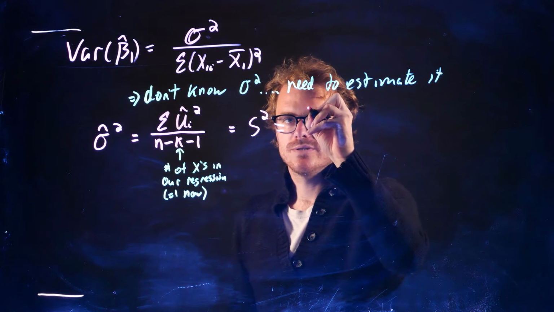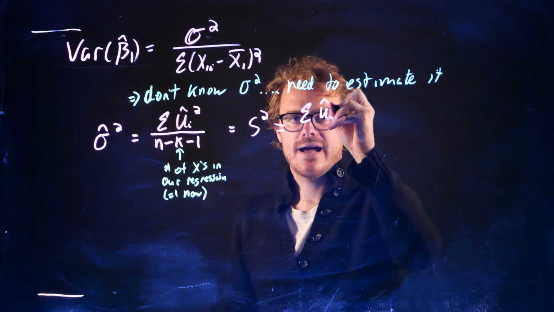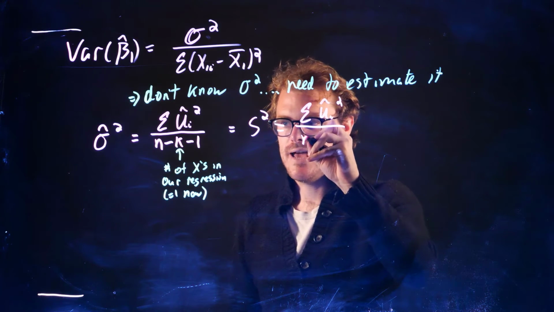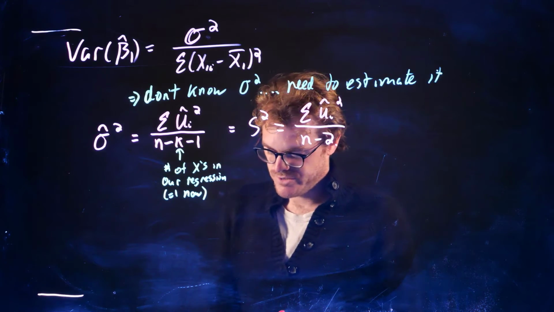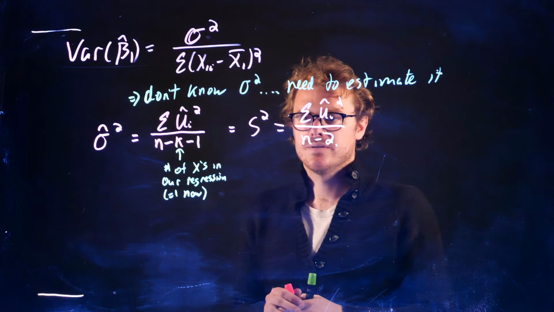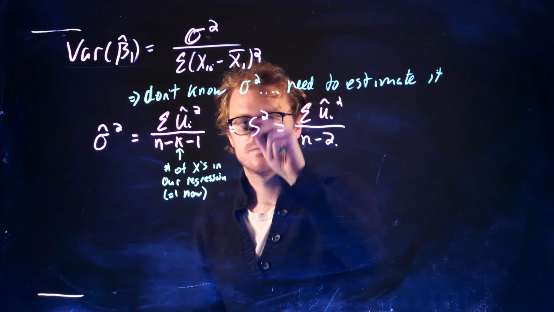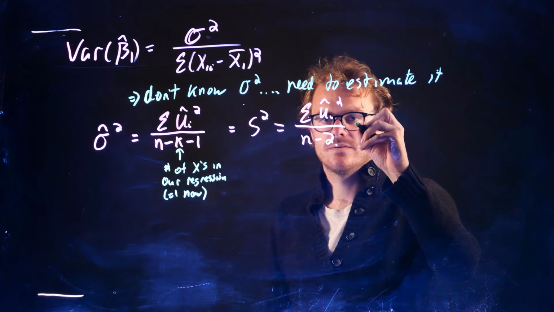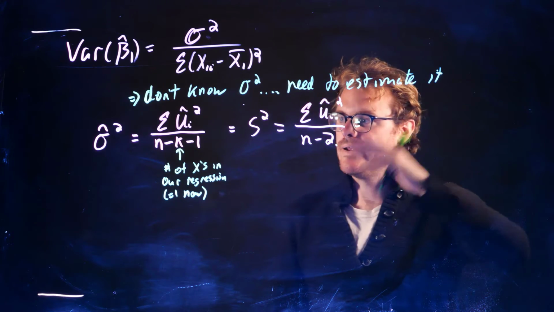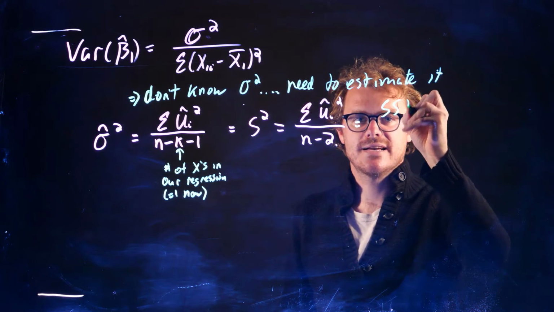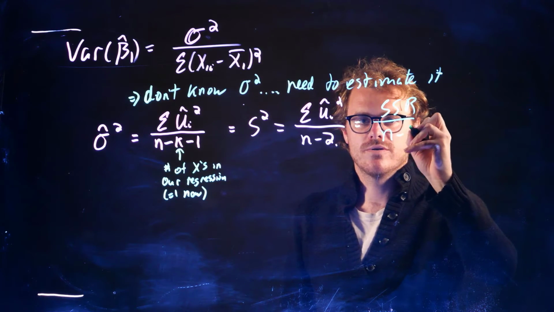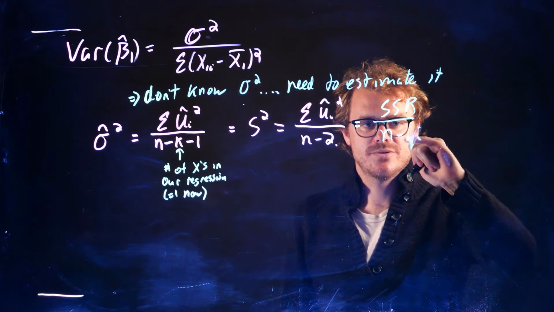That's equal to the sum of u i hat squared over n minus 2. We can write it multiple ways. That's just the SSR over n minus 2.